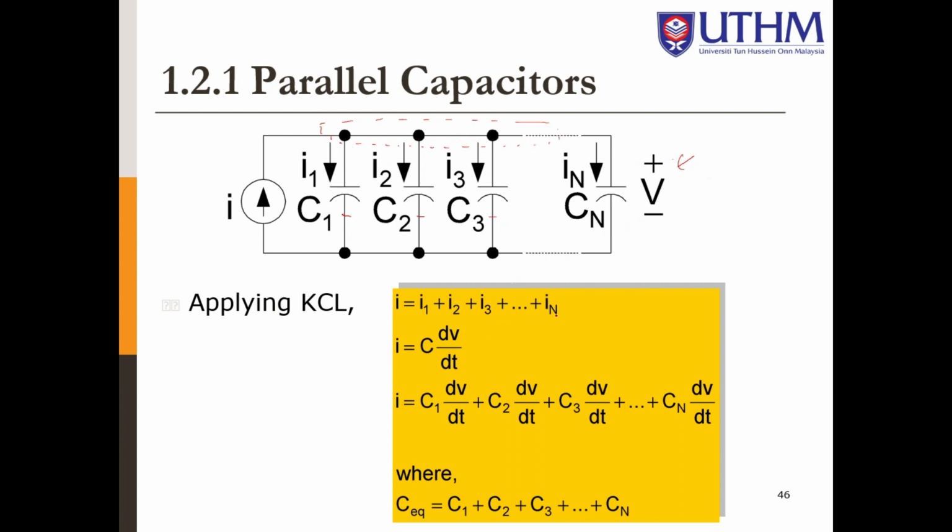Applying KCL, we get this equation: I total equals I1 plus I2 plus I3 plus and so on. This is the basic equation that we learned last week, I equals C dV/dt. So your current I1 is C1 dV/dt, and I2 is C2 dV/dt.